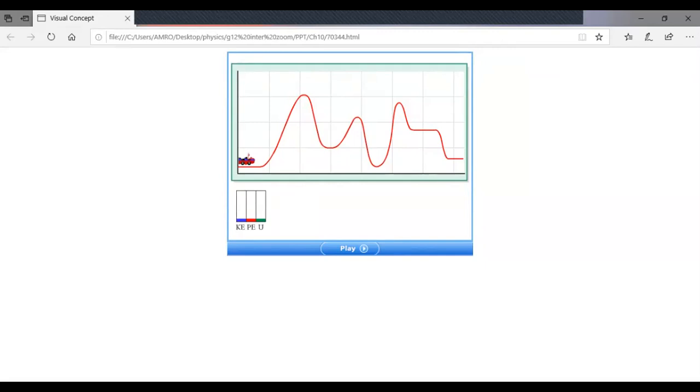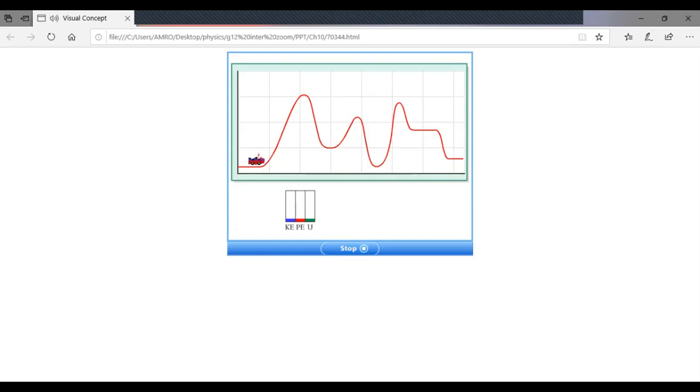At the bottom we have three rectangles. Each one explains the change that happens to kinetic energy, potential energy, and internal energy. So let's watch these rectangles while the roller coaster moves up and down and see what change happens to these energies at the same time.